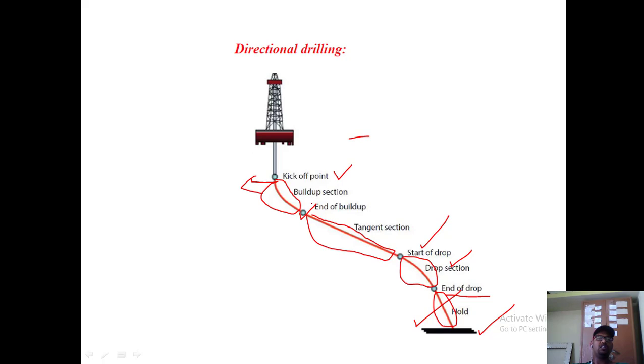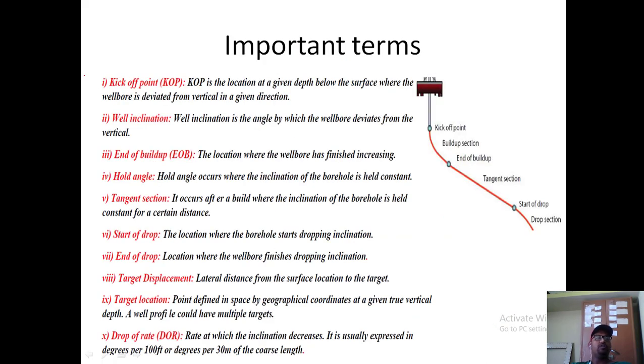Having seen in brief the kickoff point and build-up section, now we will see the definitions of these important terms. The first is the kickoff point, usually called KOP. The kickoff point is a location at a given depth below the surface where the wellbore deviates in a given direction. Let us consider that we are drilling a well in a vertical direction, as in this figure.